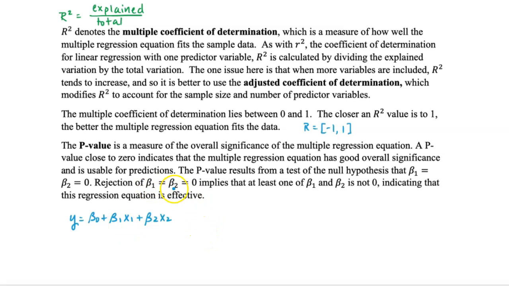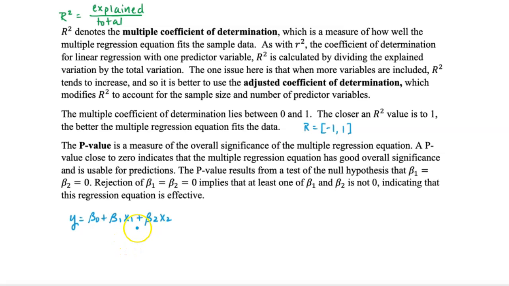Well, if beta 1 is equal to beta 2, which is equal to 0, so if both of these are equal to 0, then I'm just going to be left with the equation y is equal to beta naught, right? And I know that if y is equal to a constant, this is just going to be a horizontal line, and this is just going to be at the mean.